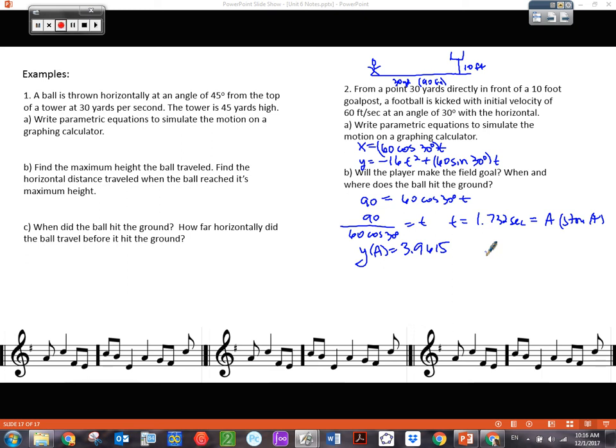Does he make it? No. Okay, so we're going to say no, but that is not a sufficient answer. Just the word no is not a sufficient answer. I'm just letting you know. You have to explain. How do you know? Well, lots of different explanations would work, but what I wrote was: at 90 feet, the ball was 3.962 feet high.